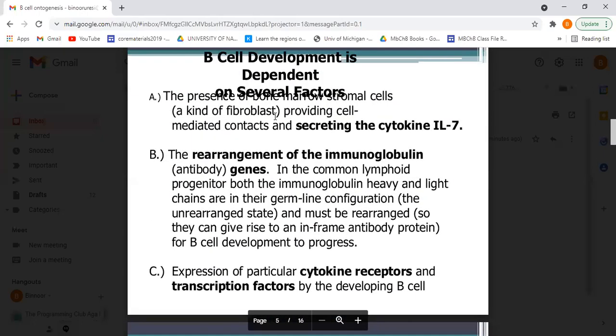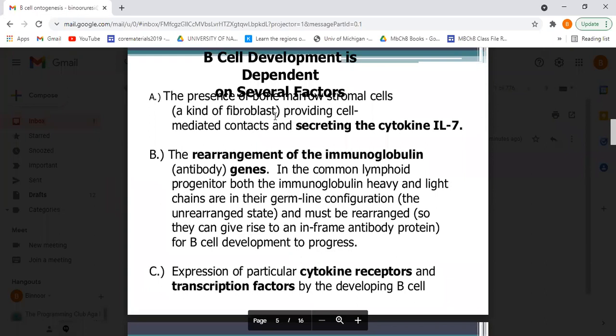Now, if we look at B cell development, we have said that these B cells have various functions, but as the B cell begins the process of development from the germline, or its native DNA, we want to see what are some of the factors that are very fundamental regarding its development.